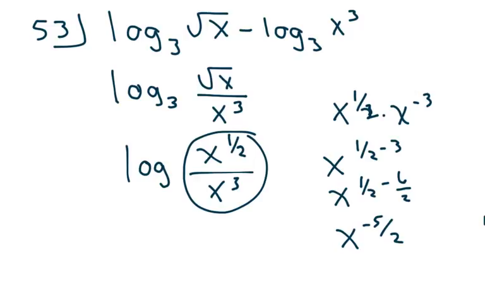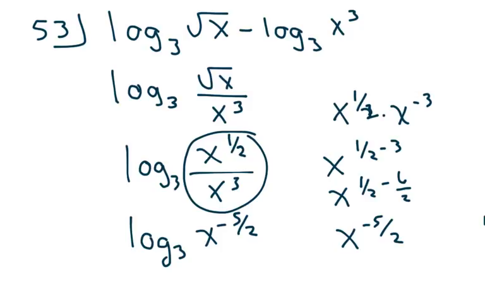So if I write it like that, then I could write it as log, oops, there should be a 3 there, log base 3 of x to the negative 5/2. And that means we condensed it.